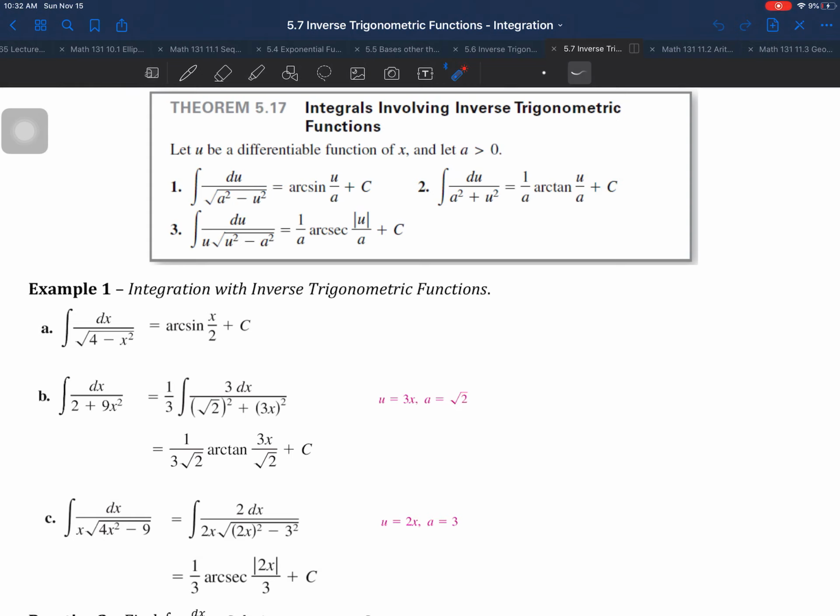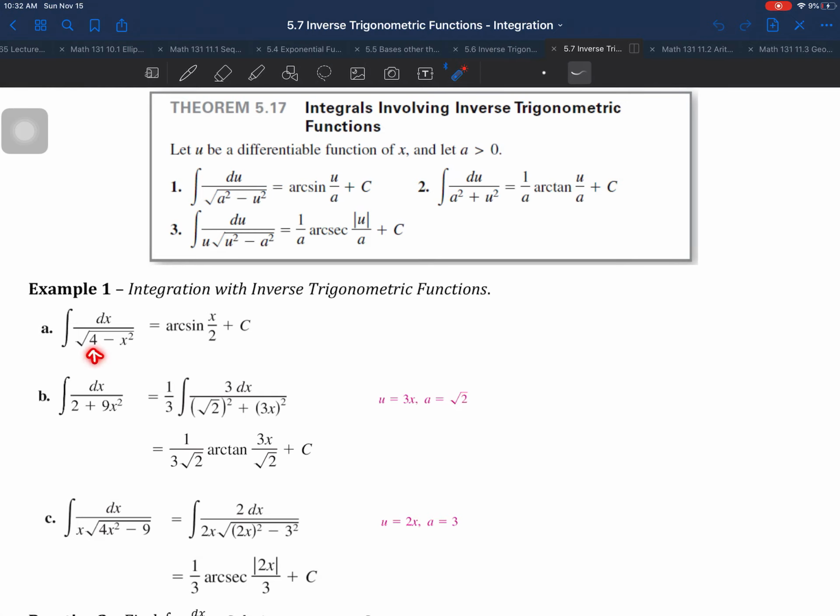All right, so let's go ahead and practice some of these. In example 1, we have to choose which rule we're going to be using, and see if we can match it to one of them. It seems just like this one. You have a square root, that's what calls my attention. Then I have a square minus another square.